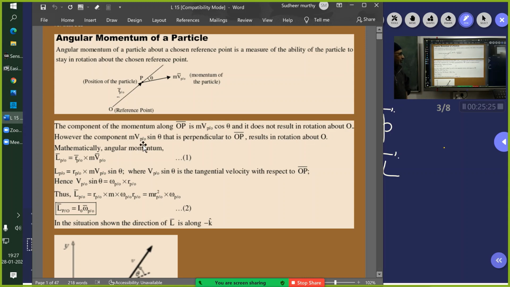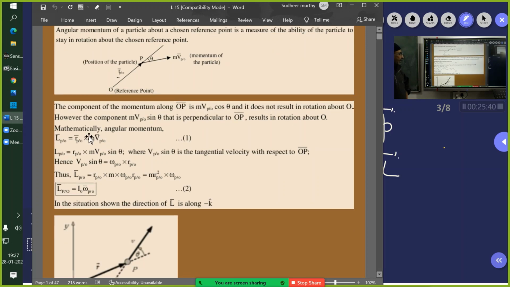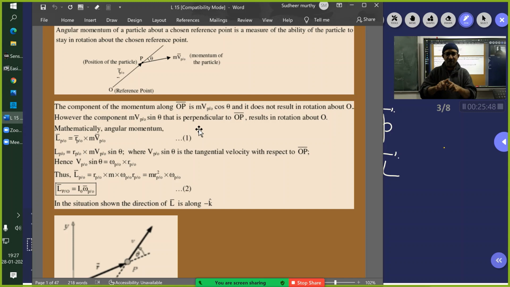However, the component M Vpo sin theta is perpendicular to OP bar and results in rotation about O. I suppose you understood that. We'll split this into two components, and that will result in the rotation. So mathematically, we wanted to identify that, with respect to the reference point, the particle is rotating.